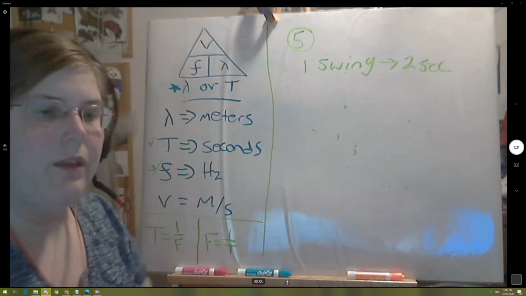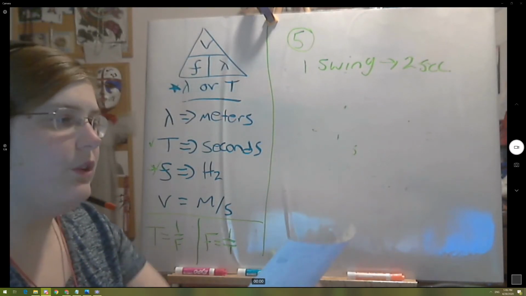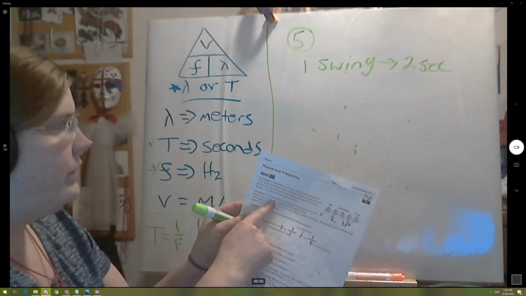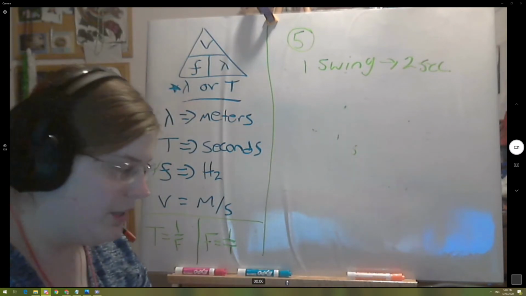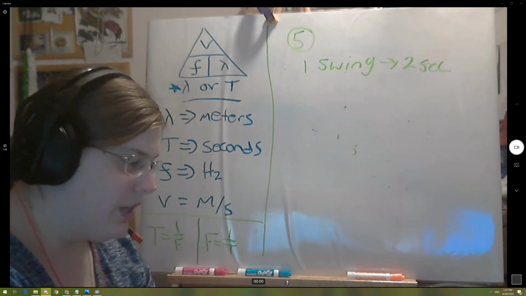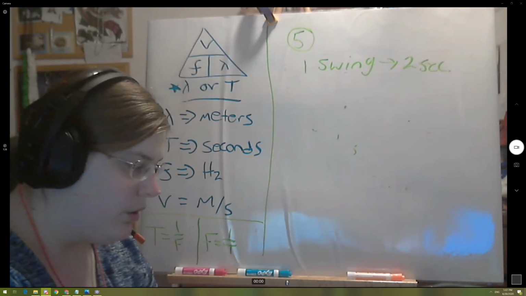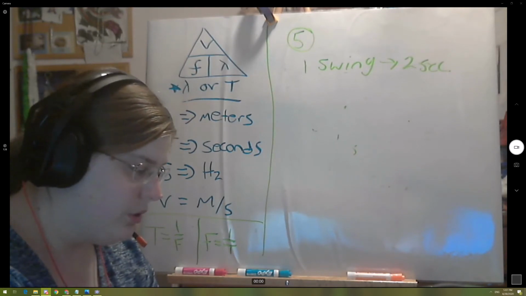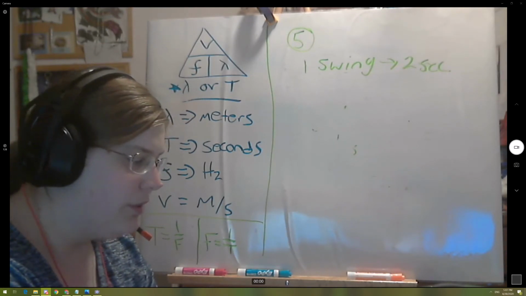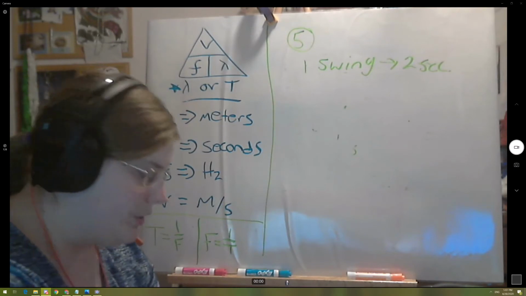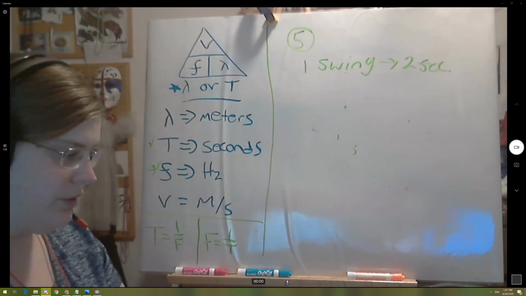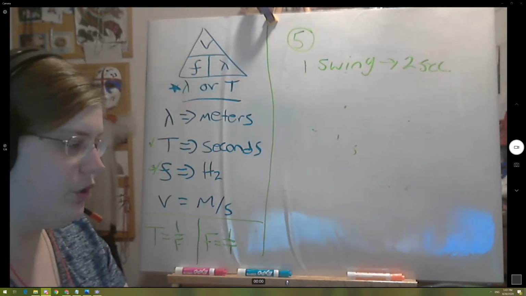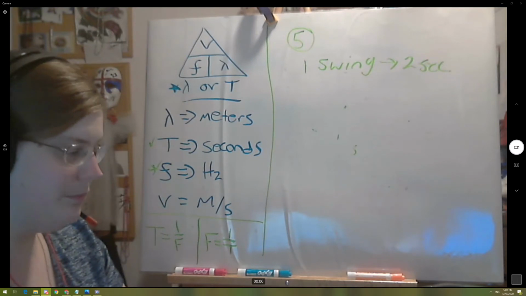If we look at our definition of period and frequency at the top, it says that the period is the time it takes to move through 1 whole cycle, whereas the frequency is the term for how many cycles can occur in 1 second.